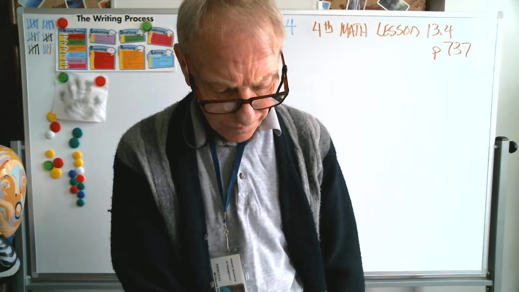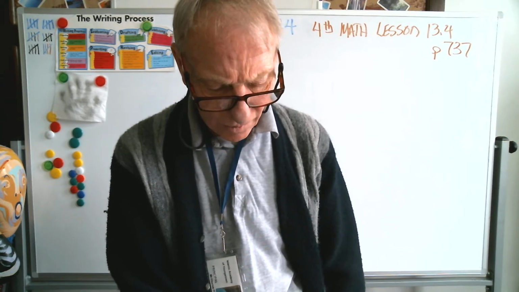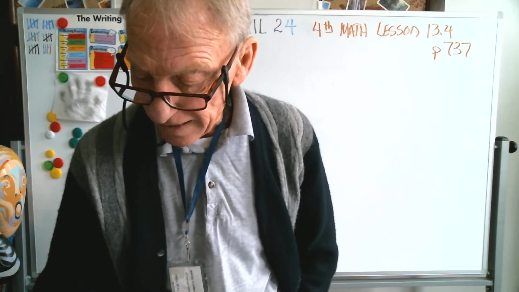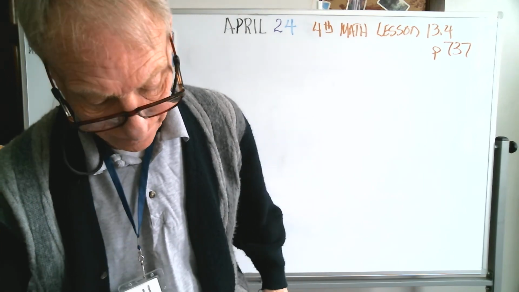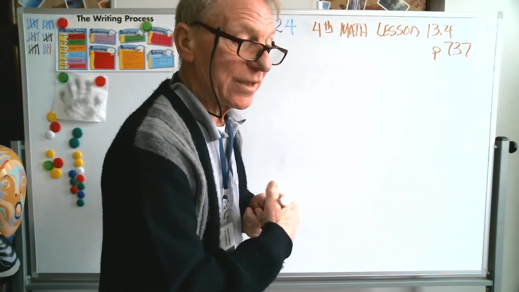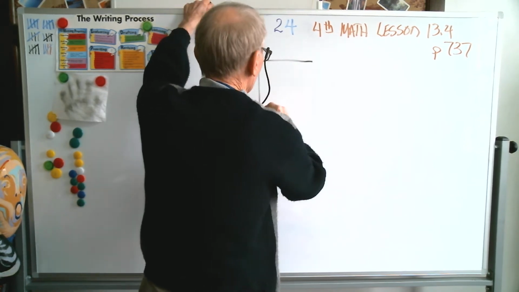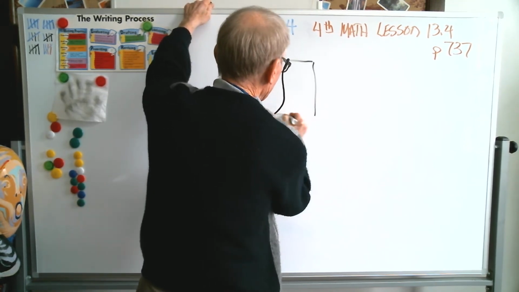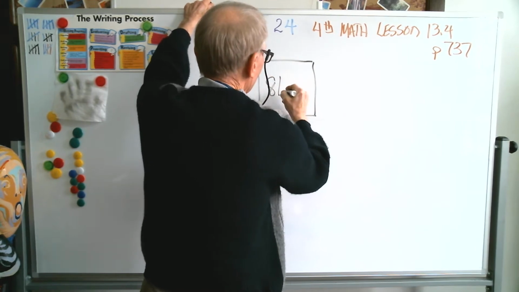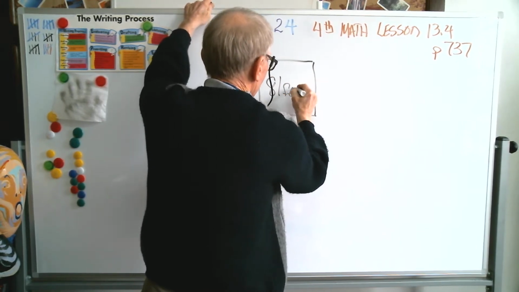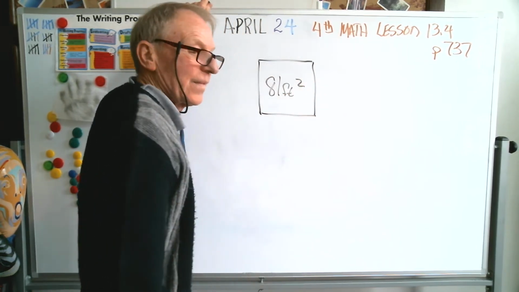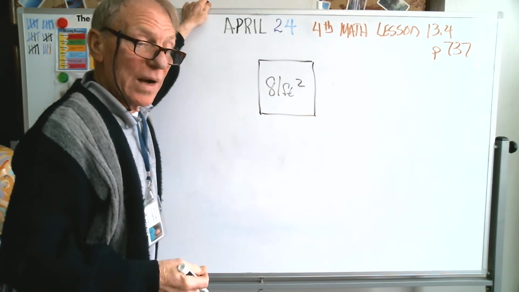What if the mural were in the shape of a square with an area of 81 square feet? If it was in the shape of a square. Now, the only information they give us here is 81 square feet. But what do we know about a square?